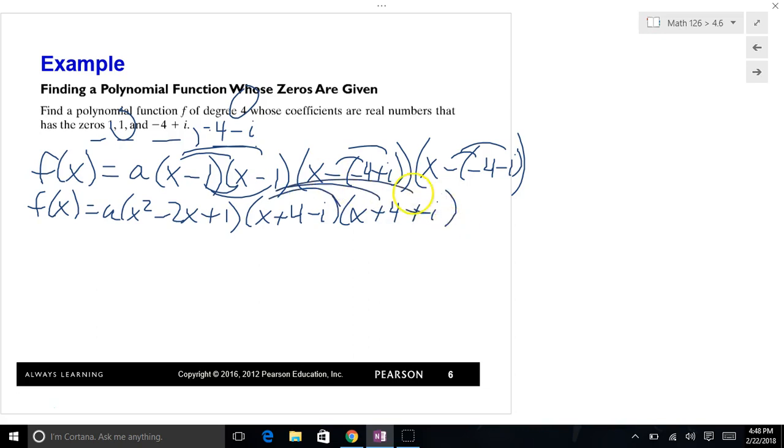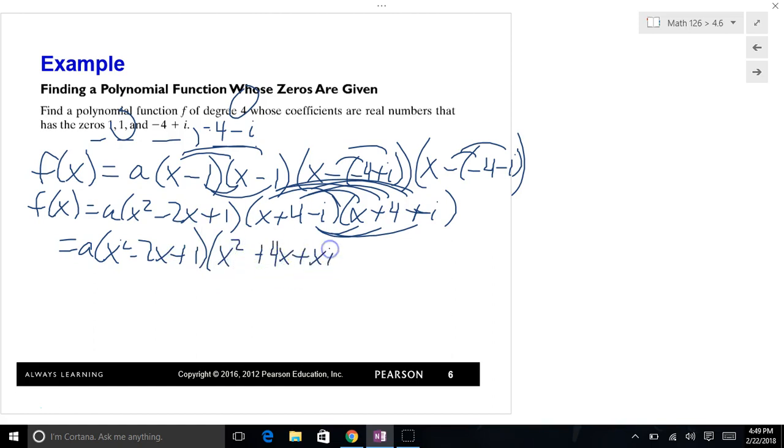Now I'm going to take the x through to everybody. I'm going to take the 4 through to everybody. And I'm going to take that negative i through to everybody. So we have a x squared minus 2x plus 1. I've got x squared plus 4x plus xi plus, now I take the 4 through, 4x plus 16 plus 4i.